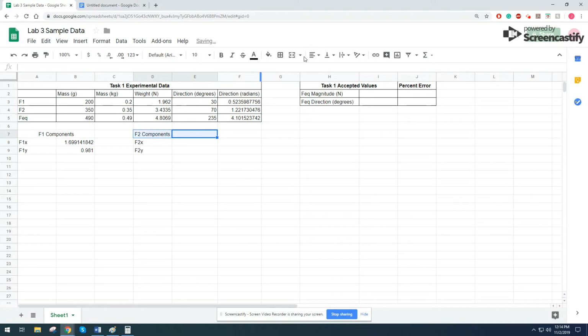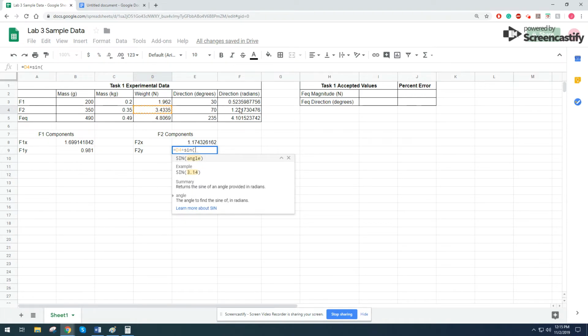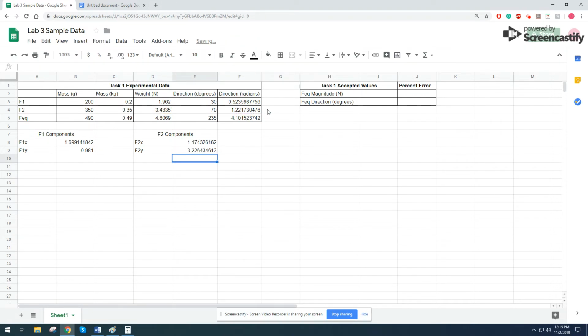And I'm going to merge these two and center it so it looks a little nicer, equals the force of F2, which is this guy, times cosine of the angle in radians. And for this guy, same thing, times sine of the angle in radians. Okay, great, same thing. So these are the x components and y components of F2.